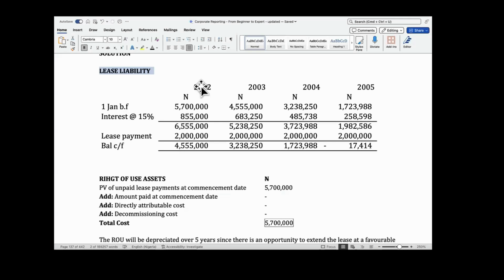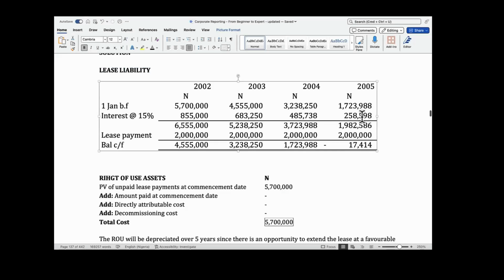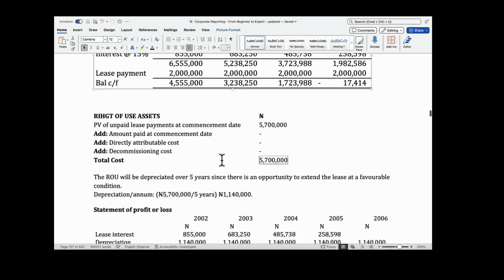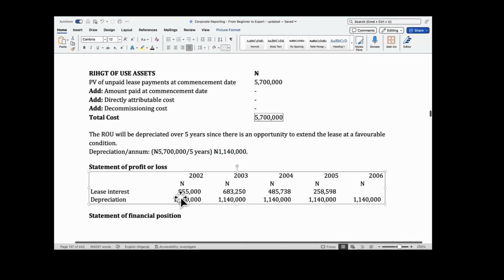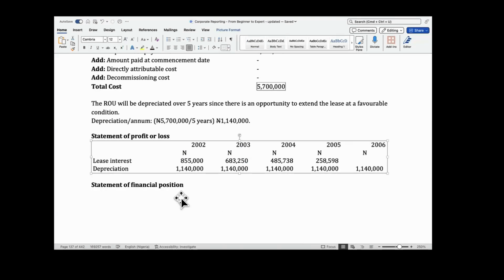So in year one, which is 2002, 855 will go to P&L. In year two, 683. In year three, 485. In year four, 258, like that. And also, this depreciation would also go to P&L. That's why those are the only two items you find in our statement of profit or loss extract.